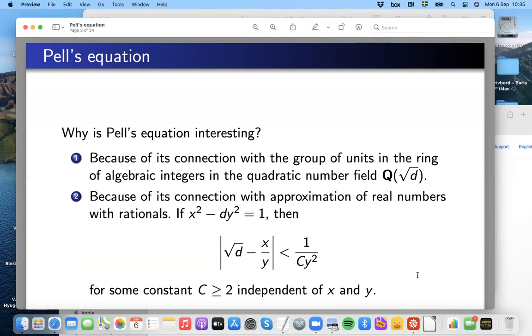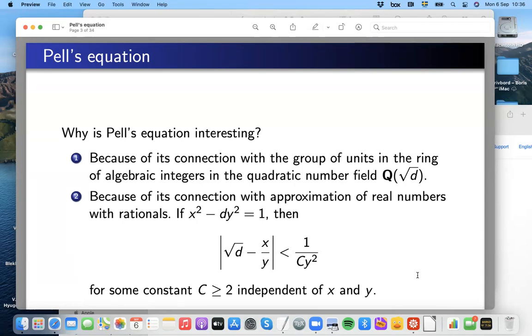Units are invertible elements. Typically, if we have a ring, let's say Z, we cannot take the inverse of 5 in the ring Z, because it's 1/5 and it's not in the ring.